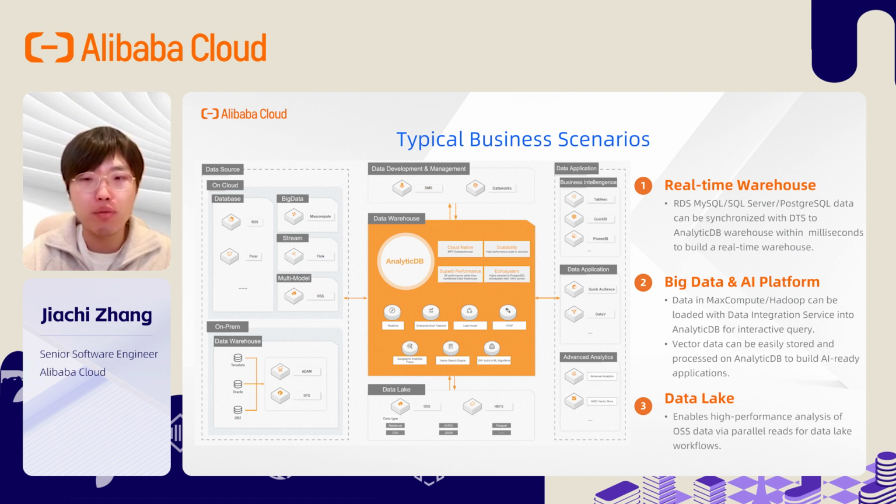The data from MaxCompute or Hadoop can be loaded for interactive queries, and the vector data can be easily processed for AI-ready applications. Lastly, for data lake operations, it enables high-performance analysis of OSS data through parallel reads.